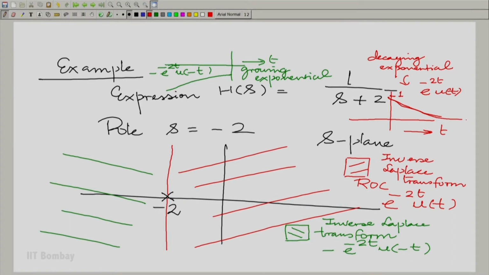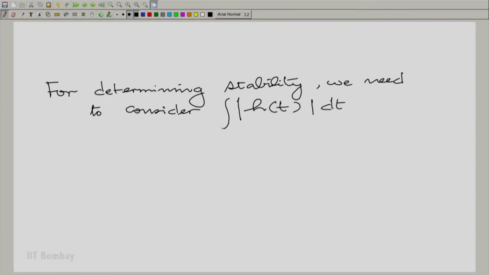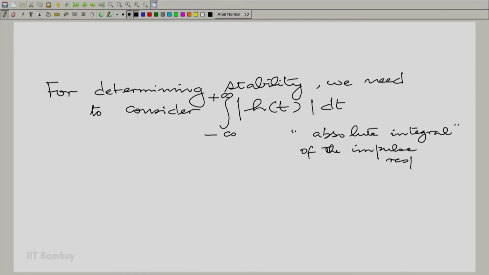Now the question is, what is going to determine stability or otherwise? You must look at the absolute integral. So, for determining stability, we need to consider what is called the absolute integral of the impulse response.